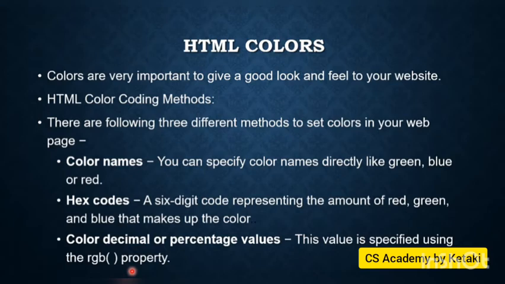This property is used to specify the color. So this one is the third method, and how we can use that RGB property we will see in further slides. Okay, so these are the three different methods to set colors.